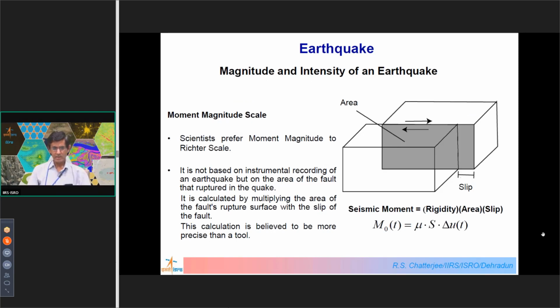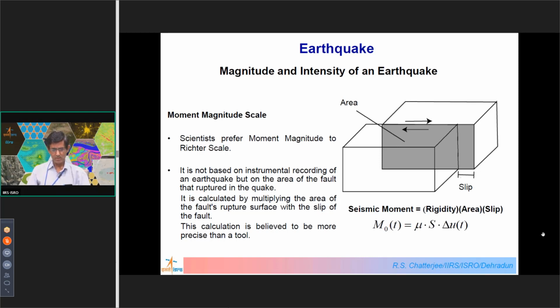Nowadays, the magnitude of an earthquake is most scientifically measured by the moment magnitude, and scientists mostly prefer the moment magnitude scale to the Richter scale. Why? Because it is not based on instrumental recording of an earthquake, but on the area of the fault that ruptured in the quake.